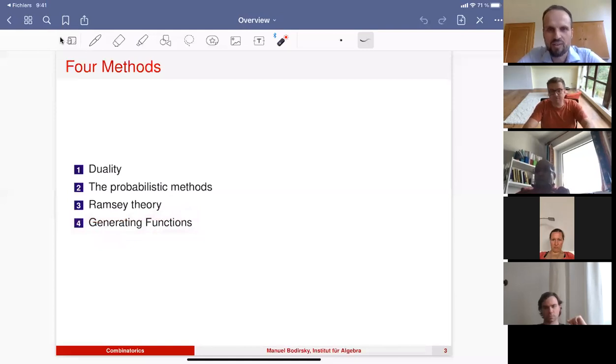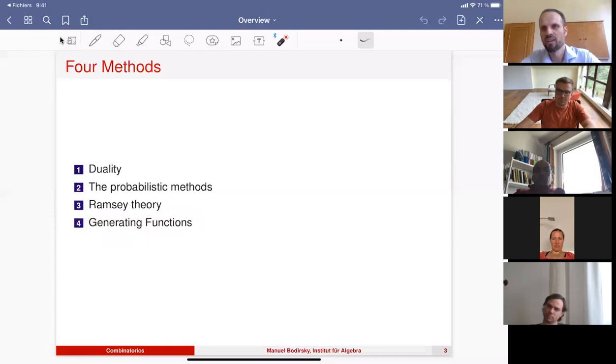Generating functions are used in enumerative combinatorics, where you want to count how many objects there are of a certain size. That is again a core topic in combinatorics. Generating functions make a very nice link, first with algebra, power series, and then even with complex analysis.